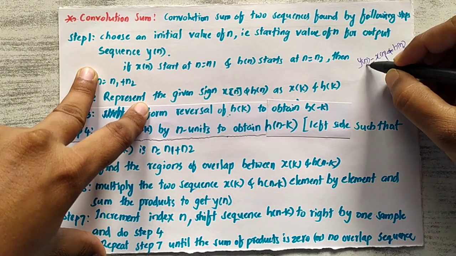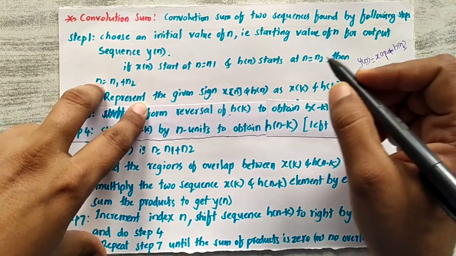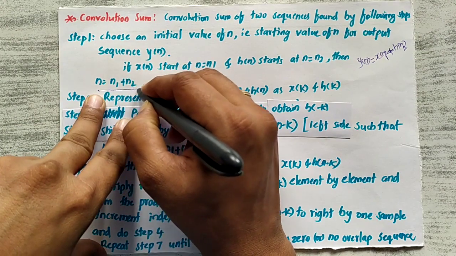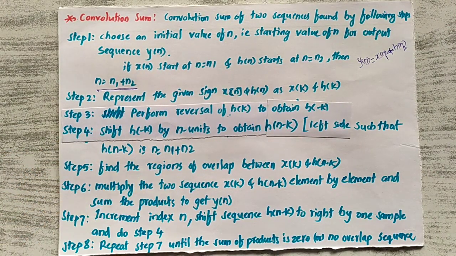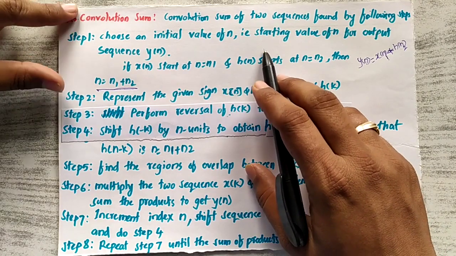And what about n? n will usually be n equal to n1 plus n2. That is the better start of y of n. How can it be understood here?